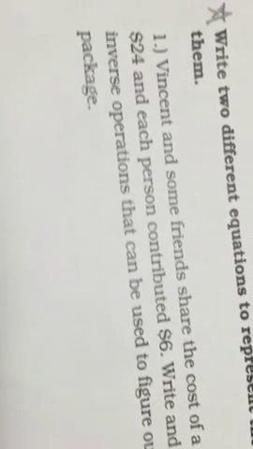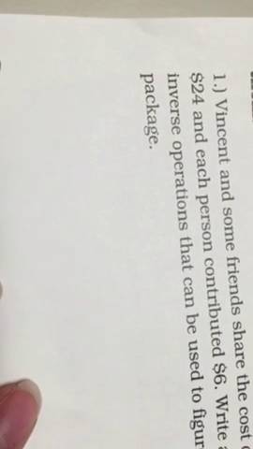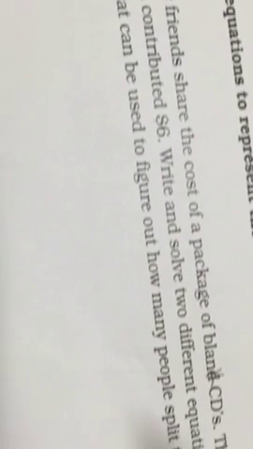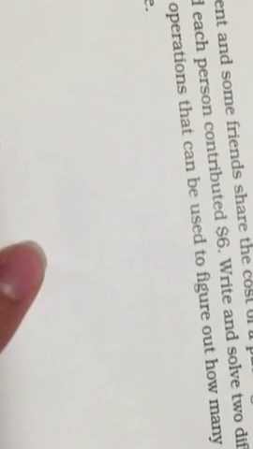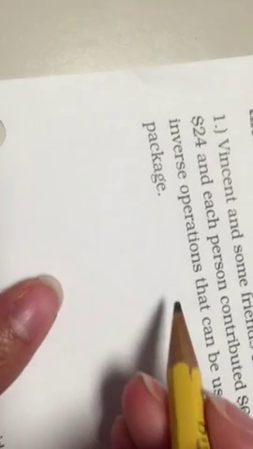The package costs $24 and each person contributed $6. Write and solve 2 different equations that can be solved using inverse operations that can be used to figure out how many people split the cost. Okay, so that's what we're looking for.